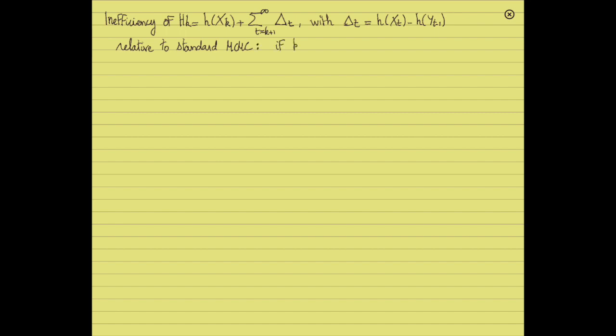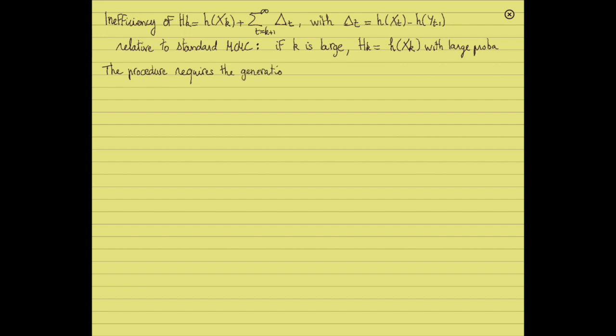And we noted already that if k is large, the index chosen by the user, then the estimator is equal to h of x_k with large probability. And this points at a clear lack of efficiency of the proposed procedure. Namely, the proposed procedure requires the generation of the x chain up to step k.